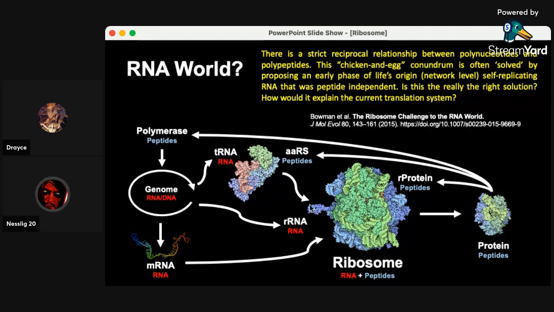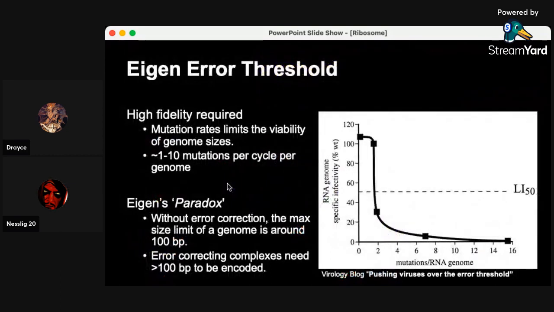If RNA was functioning separately from peptides, why would you have this system where peptides feed back onto RNA and RNA feeds back onto peptides? Which is what you need to explain. Even if you are proposing an RNA world, you still need to explain why this relationship came to be. And maybe this relationship was established early on, which is what I'm arguing for.